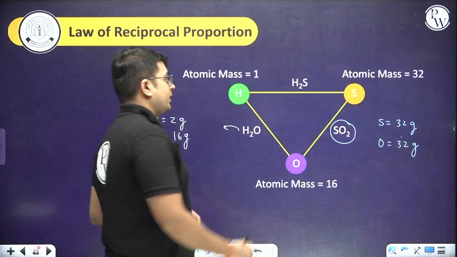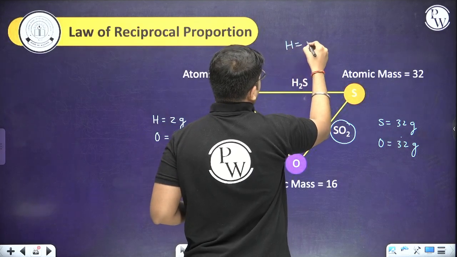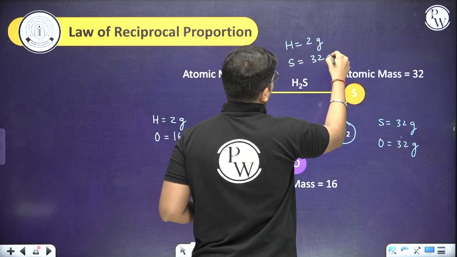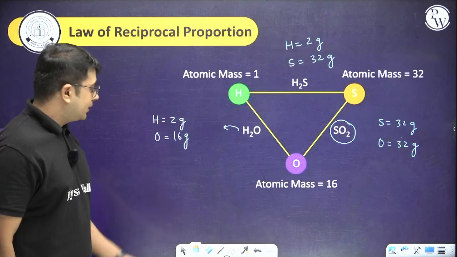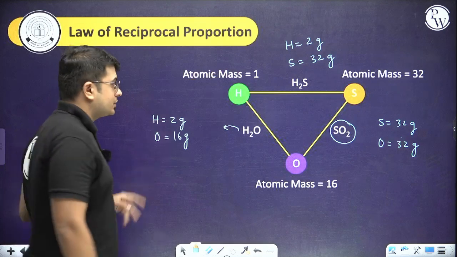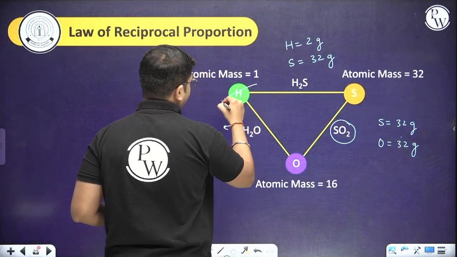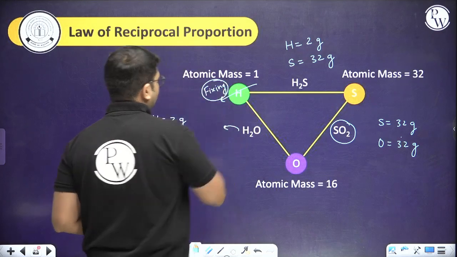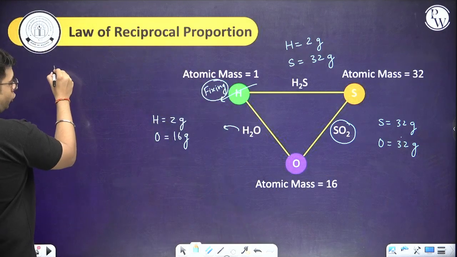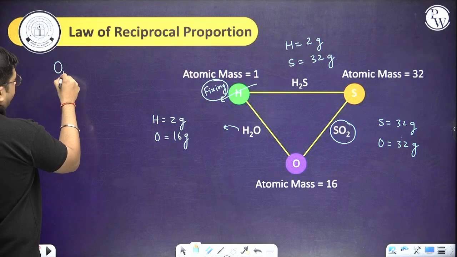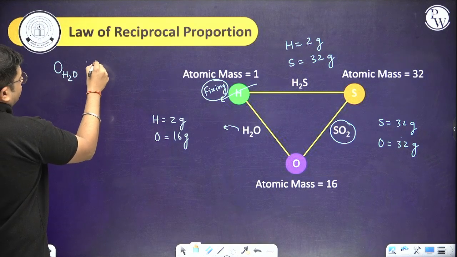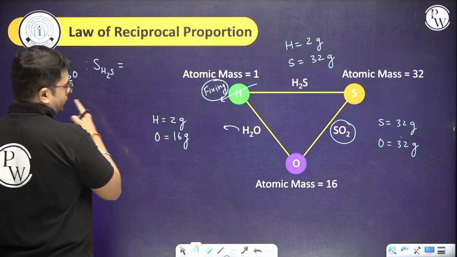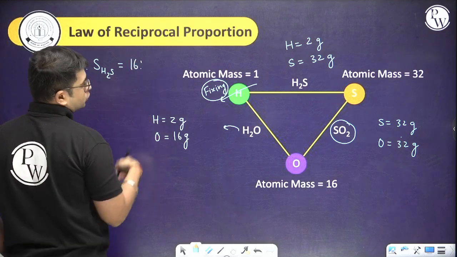In H2S hydrogen is 2 grams and sulfur is 32 grams. So I can take hydrogen 2, hydrogen 2. So I can fix it. So I am fixing this hydrogen. So you can check the ratio of oxygen in H2O is to sulfur in H2S. That will be oxygen is 16 is to 32.